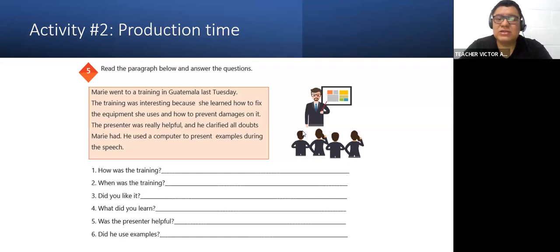And the idea is that you discuss, you read a paragraph, right? And that you complete or you answer actually these questions about the paragraph, okay? That's important. They are about the paragraph. It's not my personal opinion, okay? In this case, it's about the paragraph itself, okay? Any question about this activity?